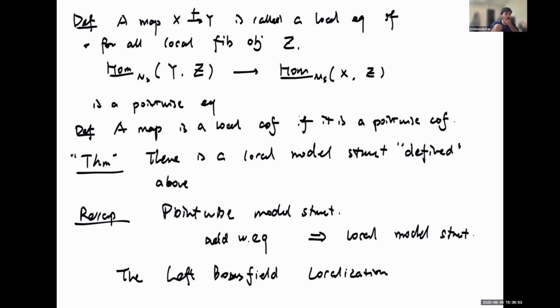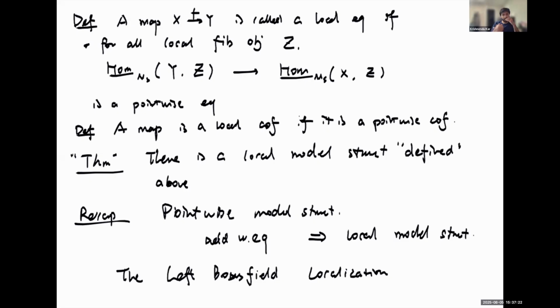Internal hom for all the locally fibrant objects. Yes, you see that my targets are chosen to be the locally fibrant objects. So basically, we are not really changing the equivalences, but we are changing the objects that we care about from fibrant objects to locally fibrant objects.